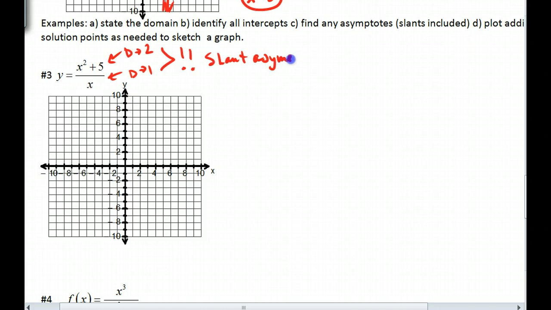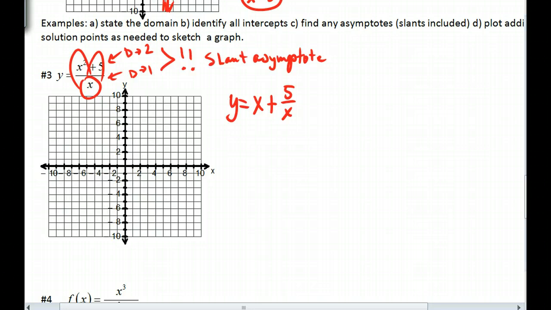What's our end behavior? Well, our end behavior is going to be a line because I'm taking a quadratic and dividing by a linear. So if I do this, I just divide this. You can do long division, but in this case, since I have a monomial here, I can just do the rabbit method. So I'm going to rewrite this as y equals x plus 5 over x.